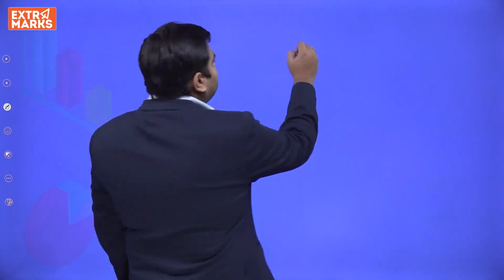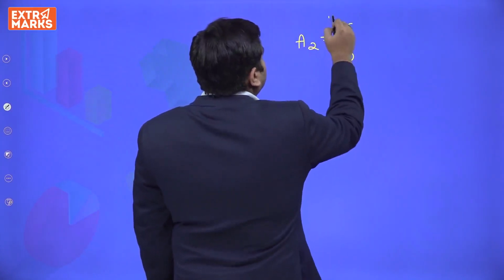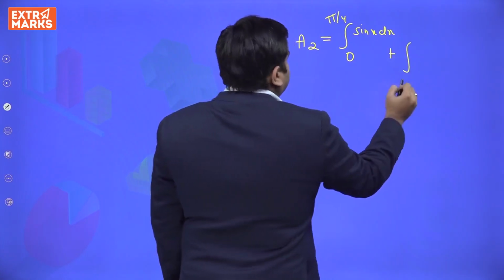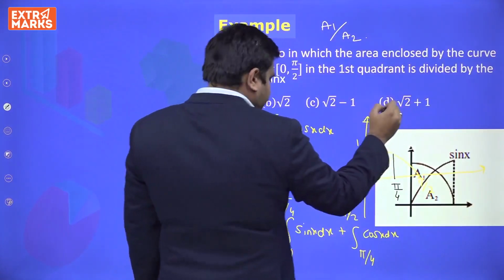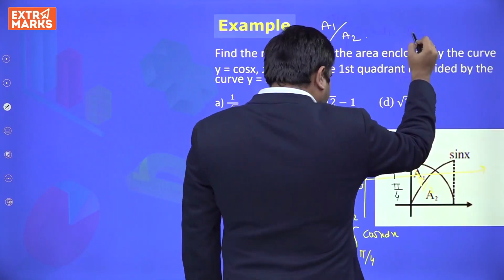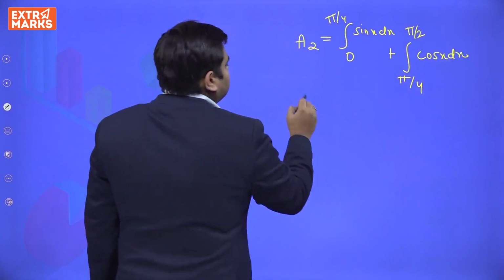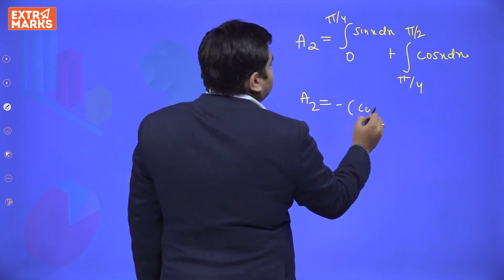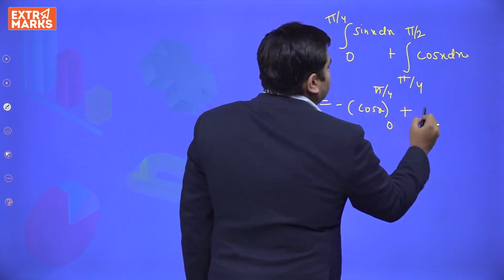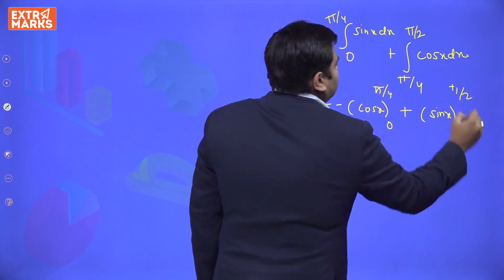So final a2 comes out to be the integral 0 to pi by 4 sin x dx plus the integral pi by 4 to pi by 2 cos x dx. So this is minus cos x from 0 to pi by 4 plus sin x from pi by 4 to pi by 2.